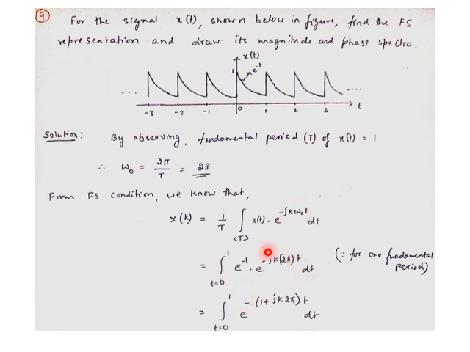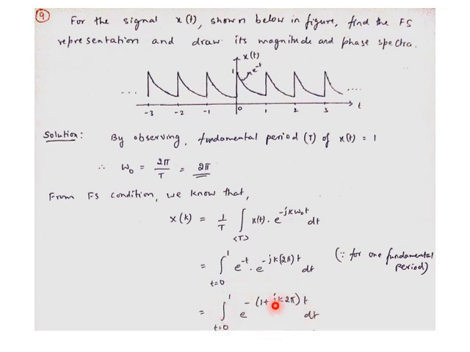To do the integration, I'll just rearrange this. It's two exponential factors multiplied together, so e to the power minus t is common, and you can take it out. So e to the power minus (1 plus jk 2 pi) multiplied by t dt, integration 0 to 1 is the limit for t. So just do the integration.